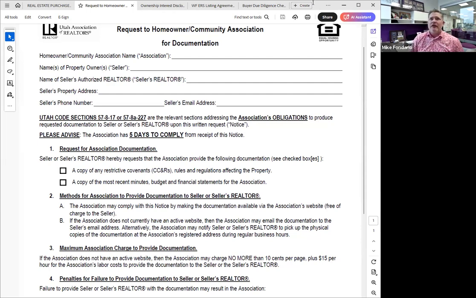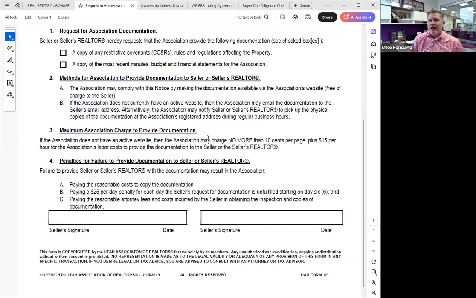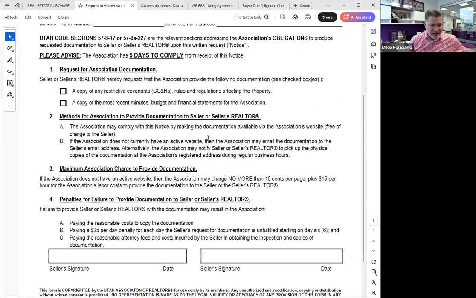So make sure you are utilizing this when and if you need to. It could just be standard practice: if you know they're in a homeowners association, this is part of your paperwork. You get a listing agreement signed, affiliated business disclosure, wire fraud, and then you throw this in the back, have them check the boxes and sign it, and then they can deliver it, or you can deliver it yourself.